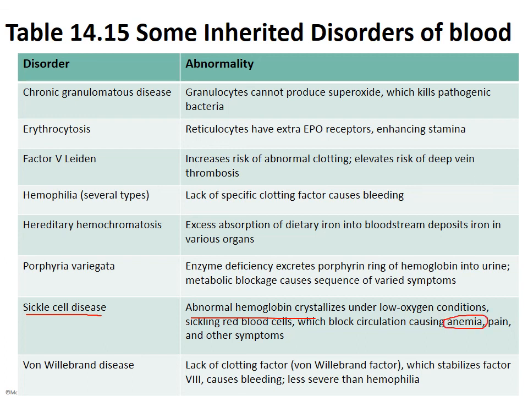Because you should know anemia is a condition of low blood oxygen. And so if the sickle cell disease has an abnormal hemoglobin, it makes it to where it can't carry oxygen efficiently. These others, they're good to know where they are, but we're not going to get into these in the test.